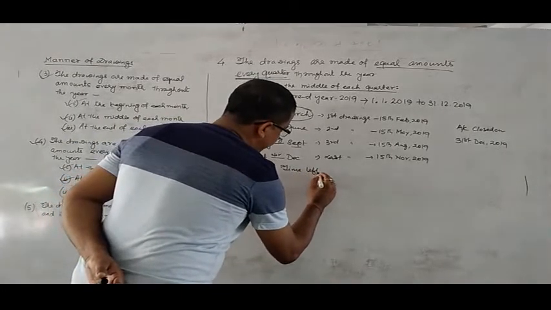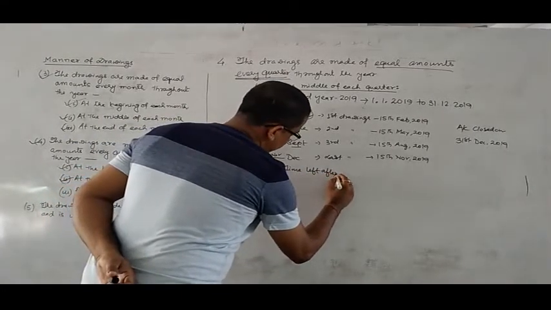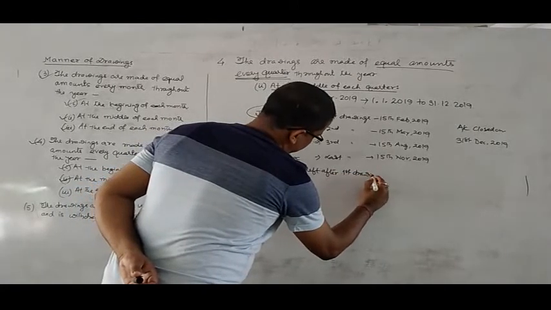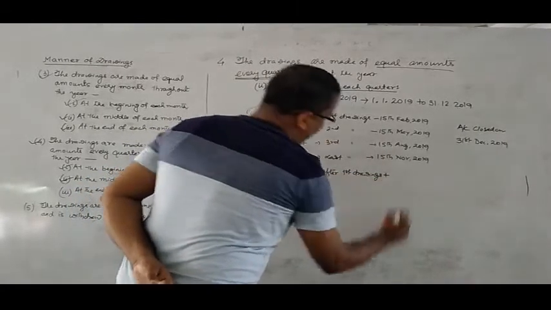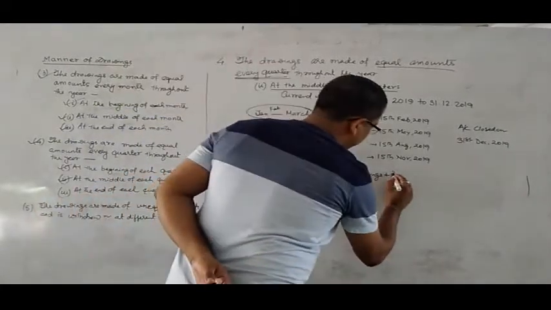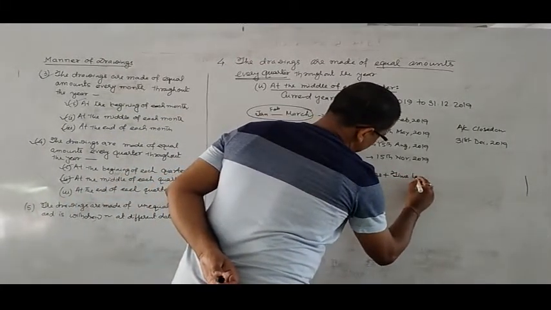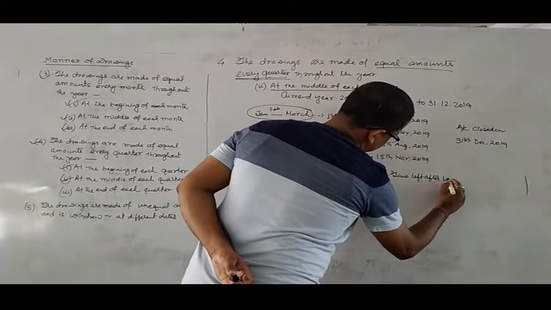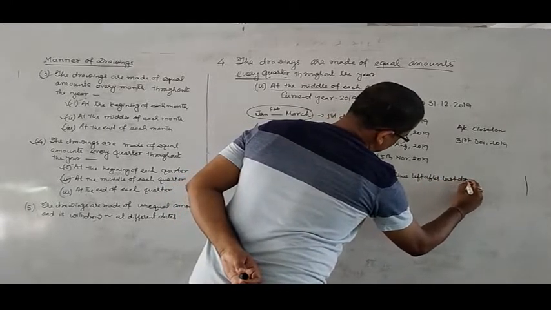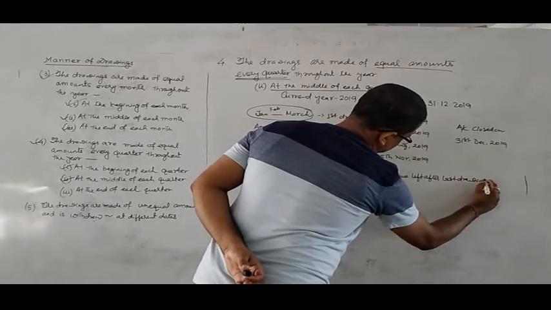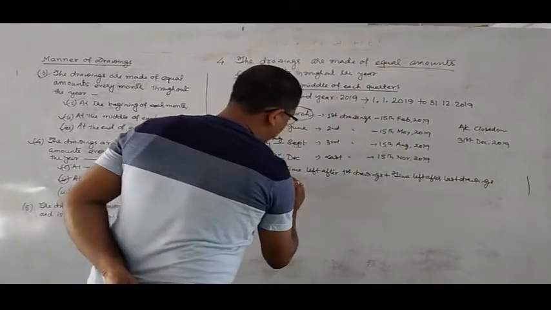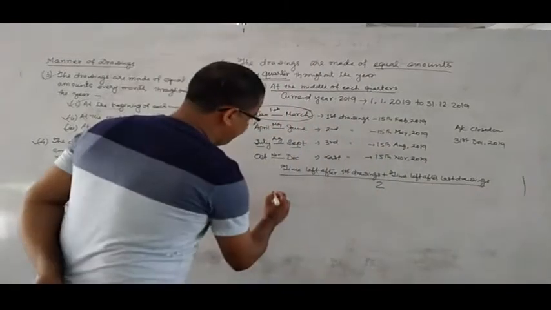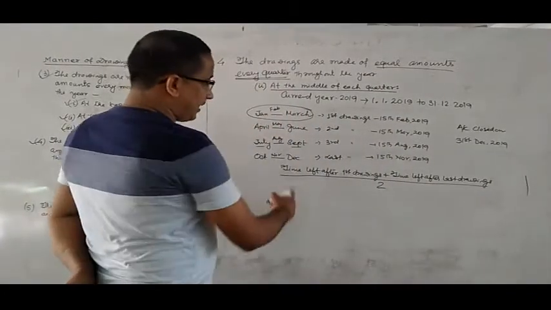Time left of the first drawings plus time left of the last drawings, divided by 2.